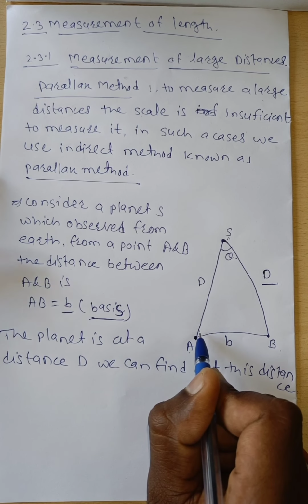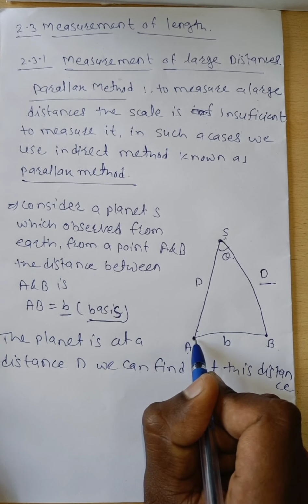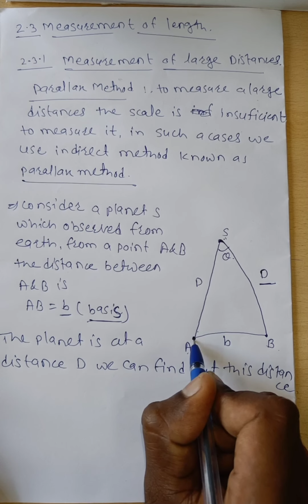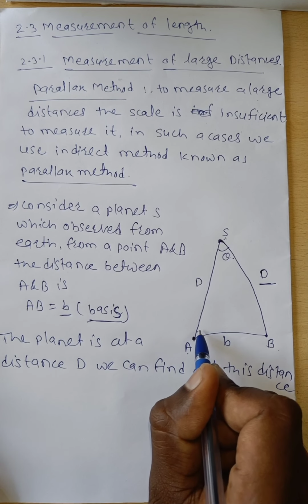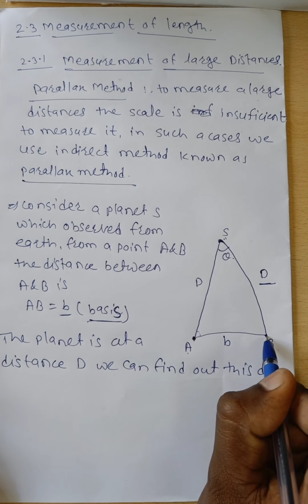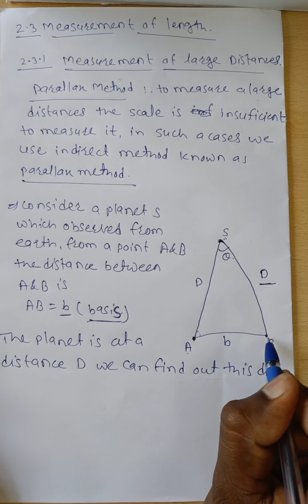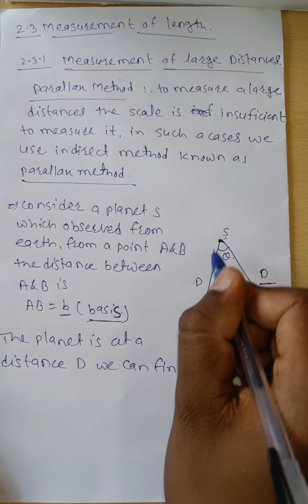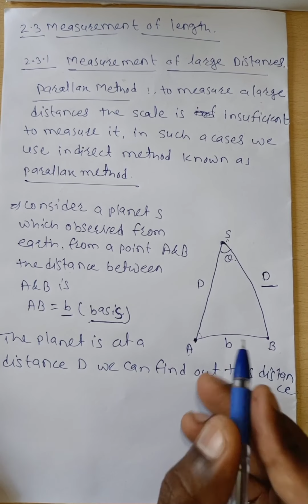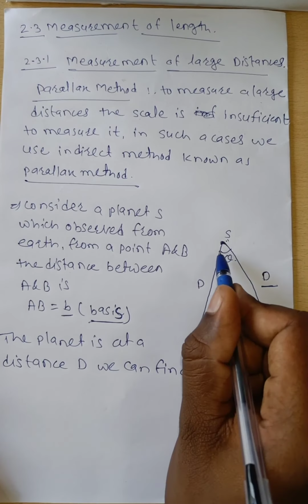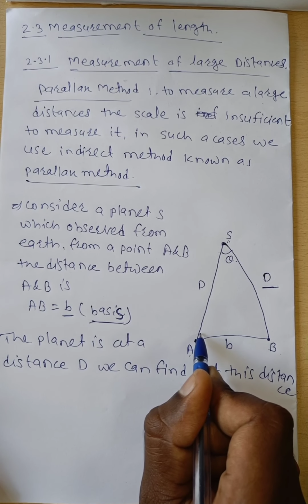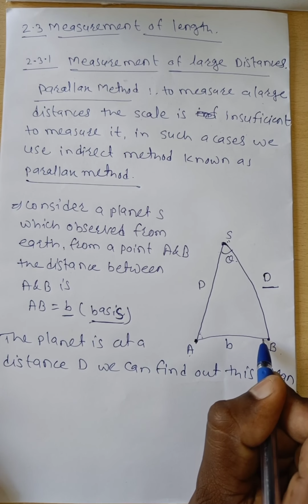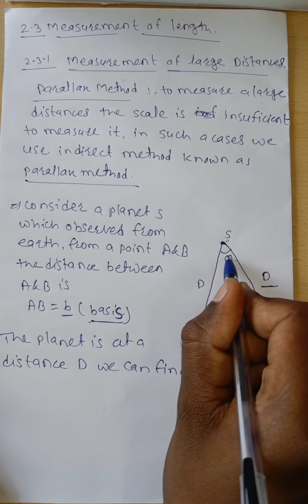We observe the planet from observation point A, then easily find this angle, and when we observe the planet S from point B, we find this angle. Then this looks like a triangle, therefore we can easily find the third angle. Suppose this is 70 degrees, and this is 80 degrees, then how much is this angle?